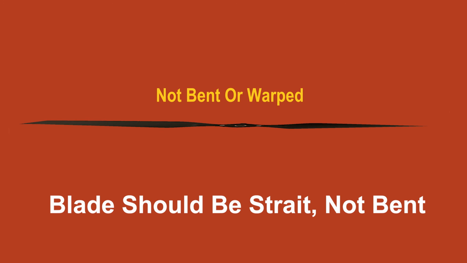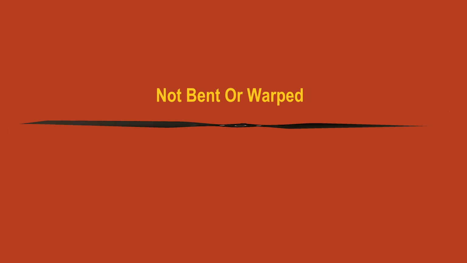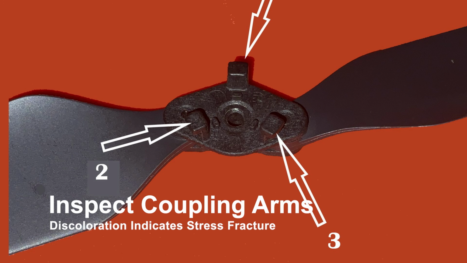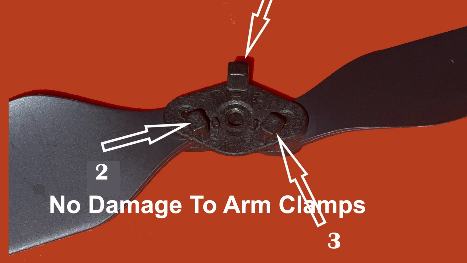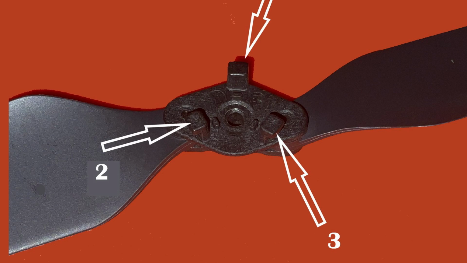It's good to look at the blades sideways and confirm that there's no warping or bending. You'll also need to turn each blade over and inspect the coupling that goes in to each motor housing. These small arm clamps are the only thing that hold your rotor blade to the drone.